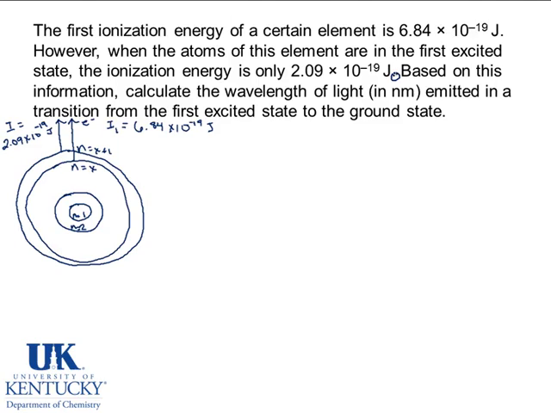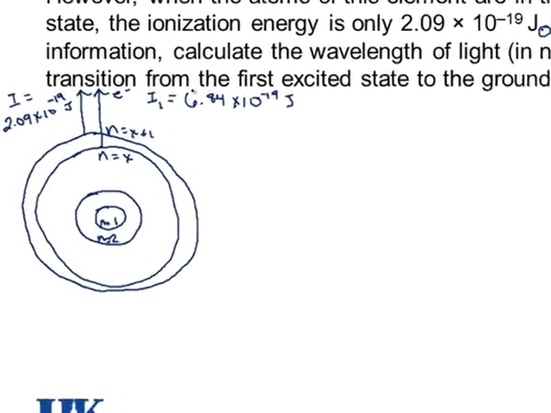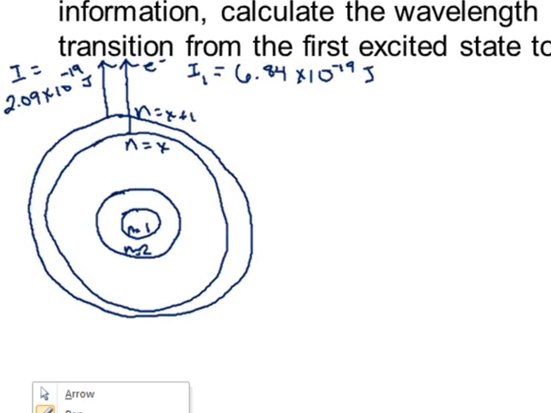Now, based upon that information, what we need to do is calculate the wavelength of light emitted when an electron goes from this first excited state to the ground state. So let me change colors for just a minute as we consider what we're going to do next. Let's say there was an electron that got promoted up to this. Now that'd be the excited state, because the ground state, the highest electron ground state, would be in this level.